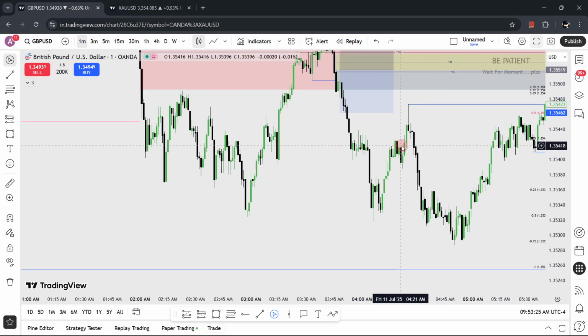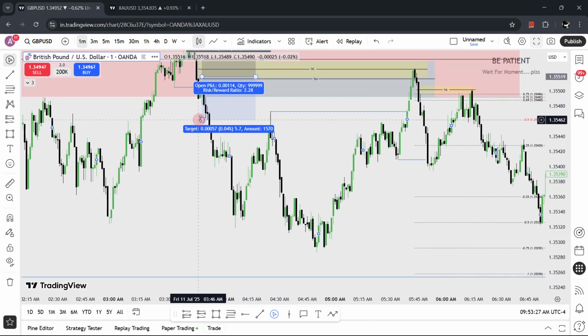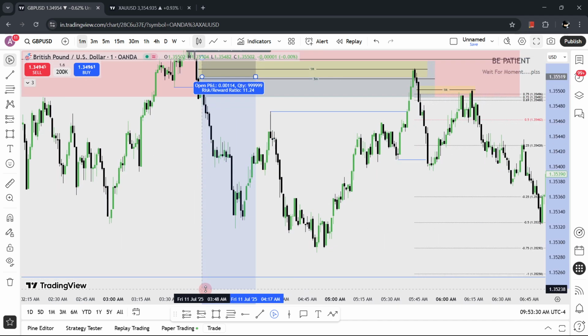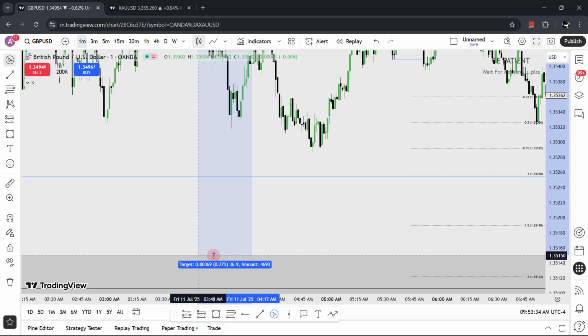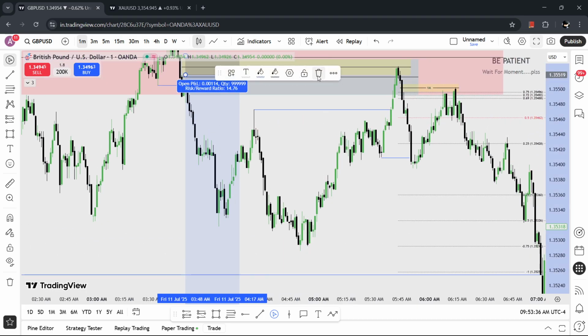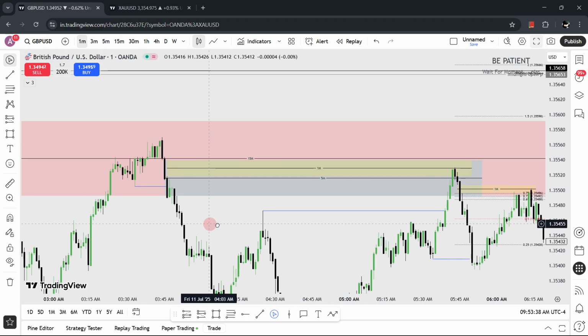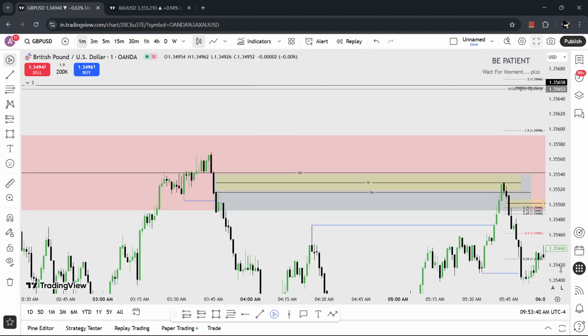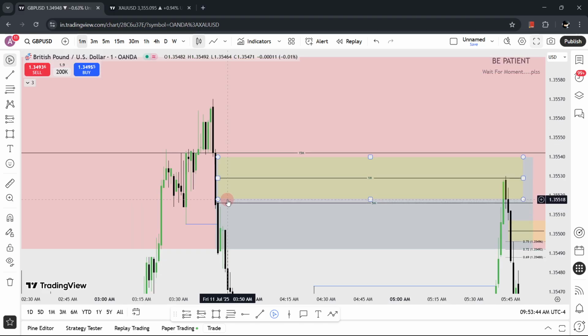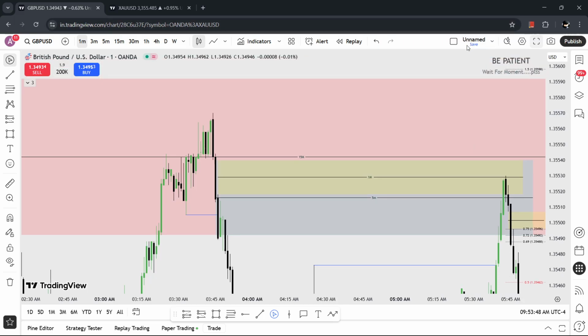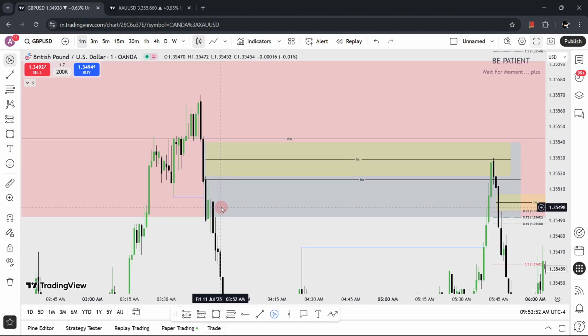The first thing was to target entry from there and target this level, max target this level. So that was my initial plan, but I accidentally pressed the button before it came to this level, somewhere around here. I will show you, don't worry, in the platform. So I won't consider that as my fresh trade.